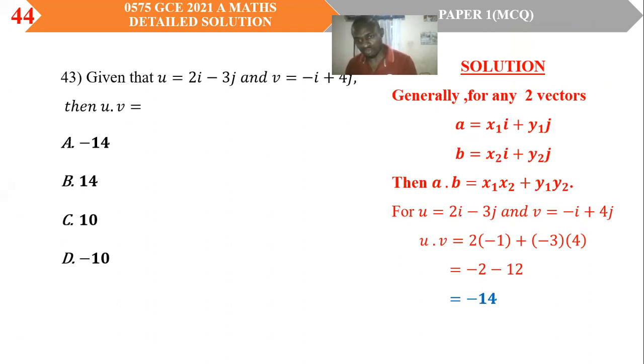For U equal to 2i minus 3j and V equal to negative i plus 4j, U dot V will be the i components multiplied together, 2 into negative 1, plus the j components multiplied together. 2 times negative 1 is negative 2, plus negative 3 times 4 is negative 12. So negative 2 minus 12 is negative 14. And the answer is A.